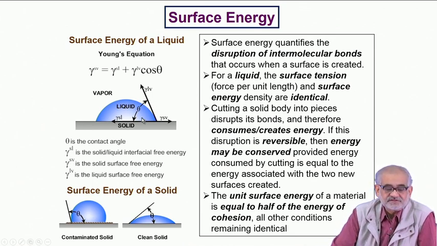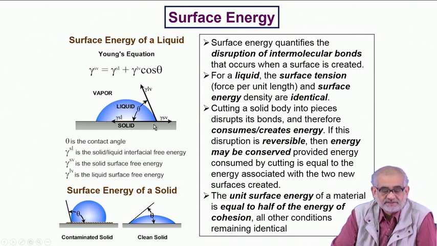Now, before that, let's first understand what is this wetting angle, or the contact angle, that we are talking about. When you imagine a liquid droplet sitting on a solid, you can imagine three kinds of interfaces: the solid-vapor interface, which exists even without the presence of the liquid; the liquid-vapor interface, which is between the surrounding atmosphere and the liquid; and the solid-liquid interface, which is purely between the droplet and the solid underneath.